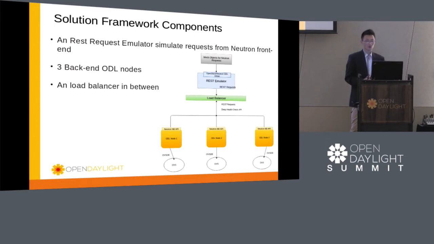So here is our solution framework. It basically has 3 components. One is the REST request emulator that simulates the REST requests from the Neutron services to OpenDaylight. And we have 3 OpenDaylight nodes to simulate the clustering mode. And we have a load balancer in between.